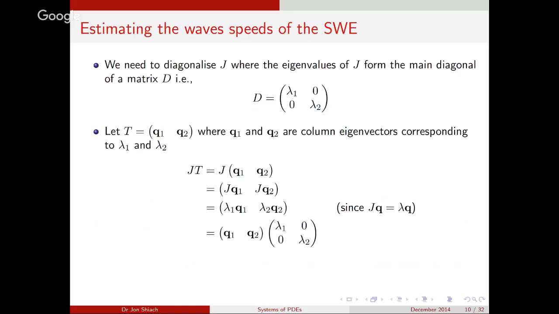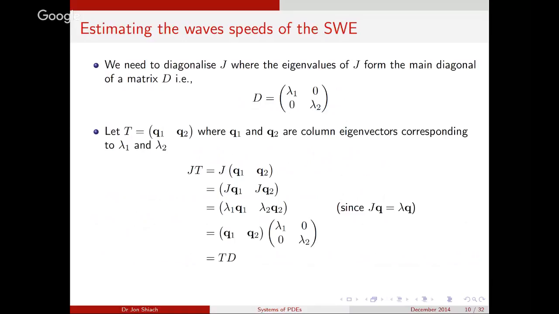I can also write that line as this. Remember these are 2 by 1, so this is a 2 by 2, multiplied by this square matrix here. That will give me the same as that. And as you can see, that is the D matrix I was trying to get.